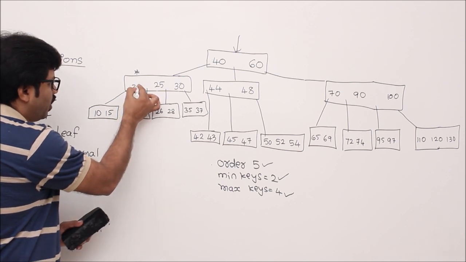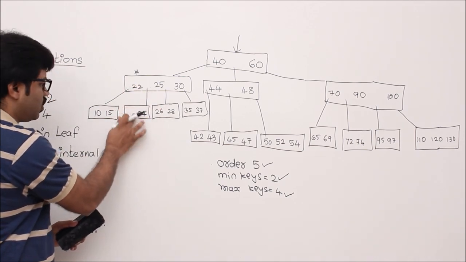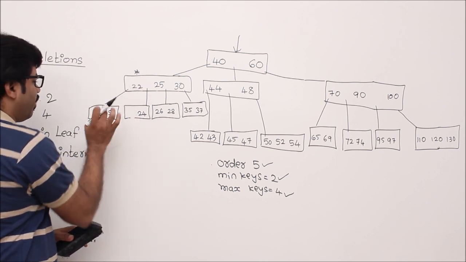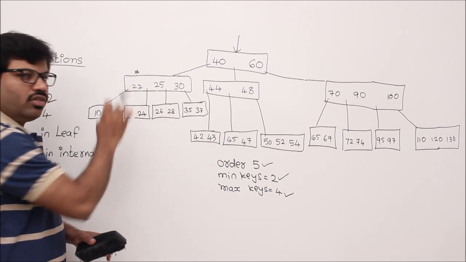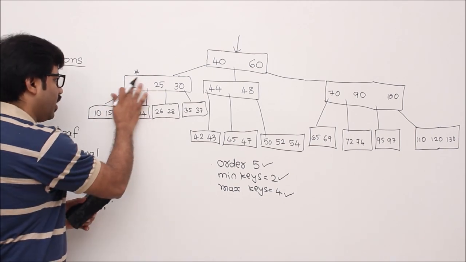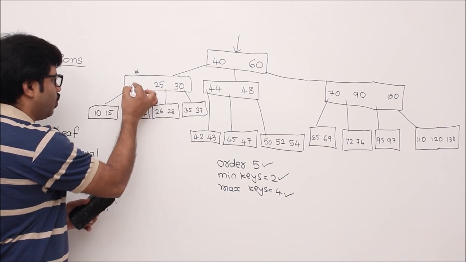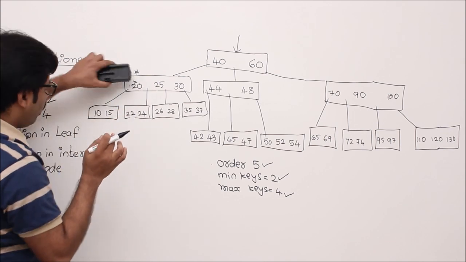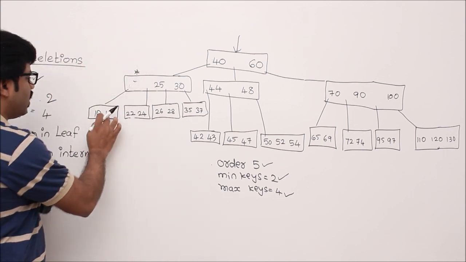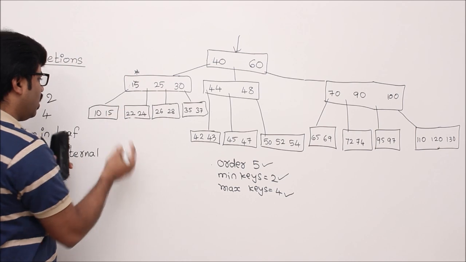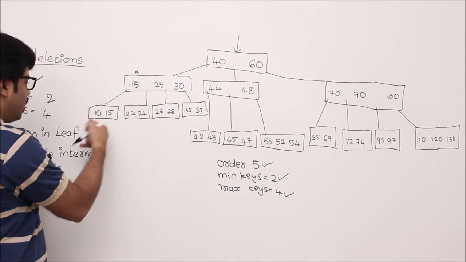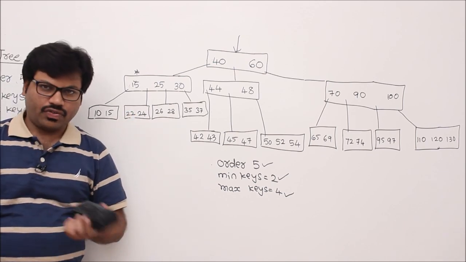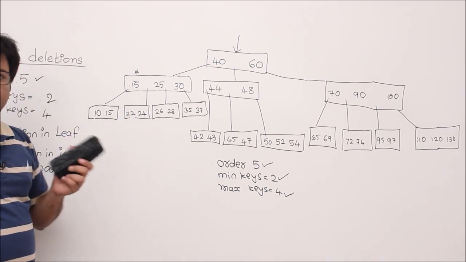If you keep 22 here, but of course we are losing this 22 from the leaf, we'll see that later, then 22's left will be 10, 15 and 22's right will be 24. Perfect. So you can keep 22 here in the place of 20 if you delete 20. In the place of 20 we can also use 15, which is the in order predecessor. If I keep 15 here, on the left side we have 10, which is smaller than 15, obviously, and the right side elements are already greater than or equal to 15. That's why it will work.